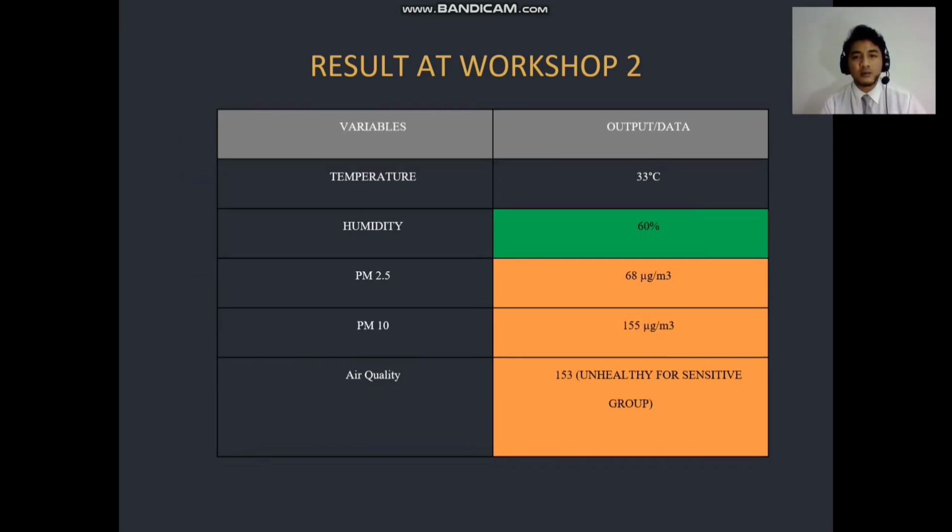Okay, this is the result at workshop 2. The temperature is 33 and the humidity is 60%. PM 2.5 is 68, PM 10 is 155.